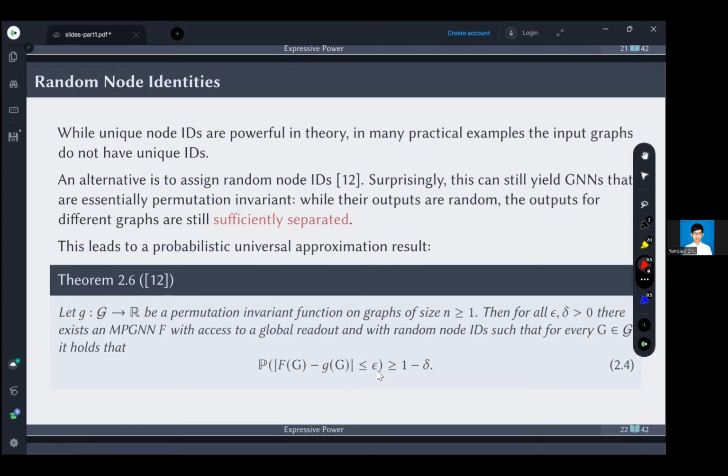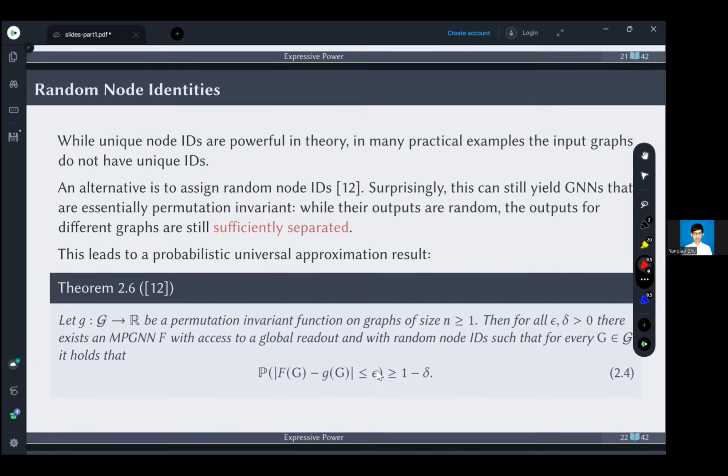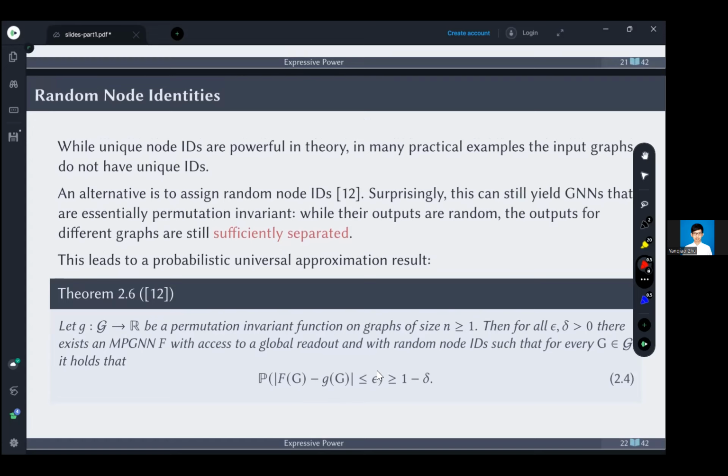This is in PAC learning language, right? Probably approximately correct language. If you take a machine learning course, you will know what I'm saying here. This is roughly just saying f and g are close to each other with very high probability.